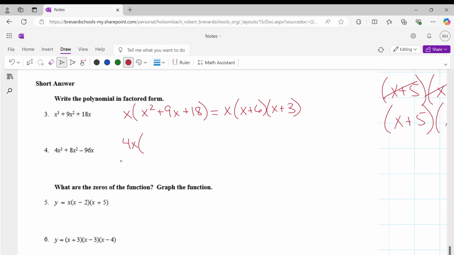Then we're going to divide 4x into 4x to the third, and that goes x squared times. 4x into positive 8x squared goes positive 2x times. And 4x into negative 96x, that goes negative 24 times.